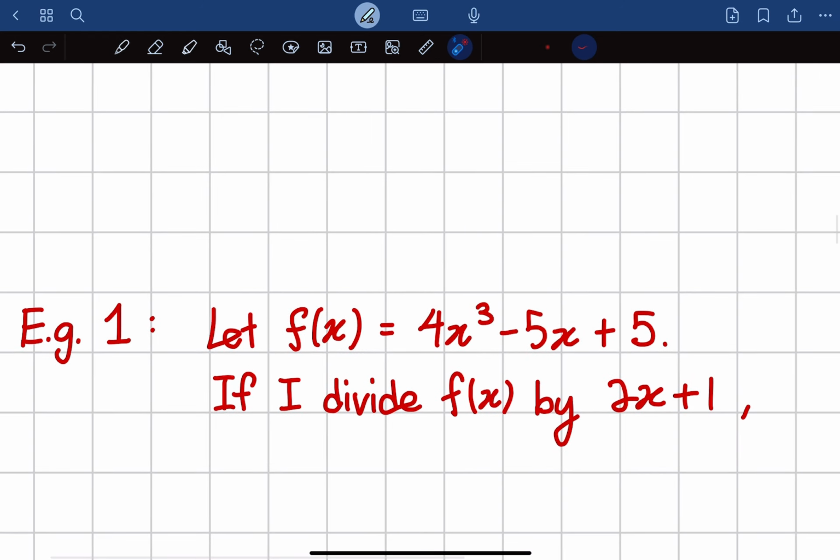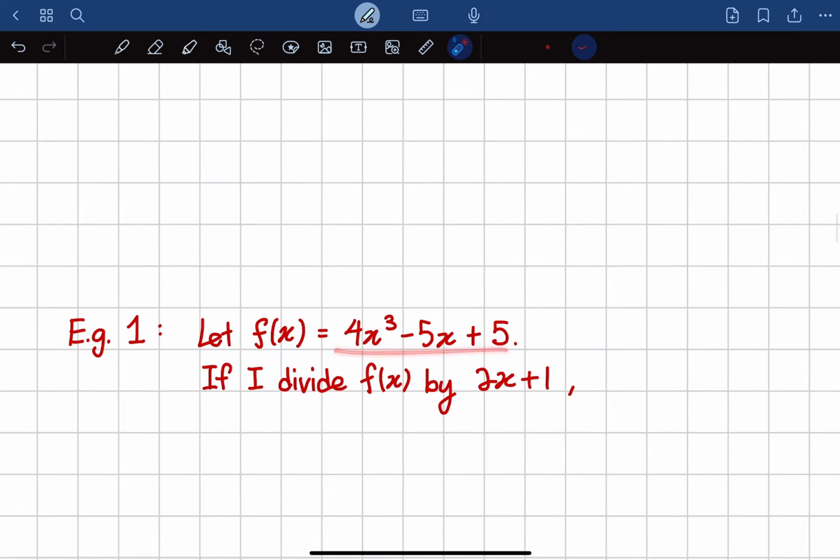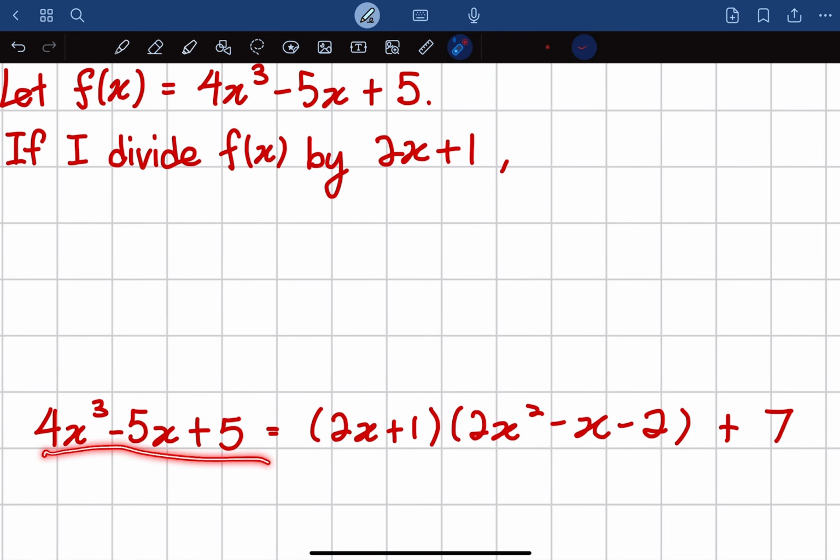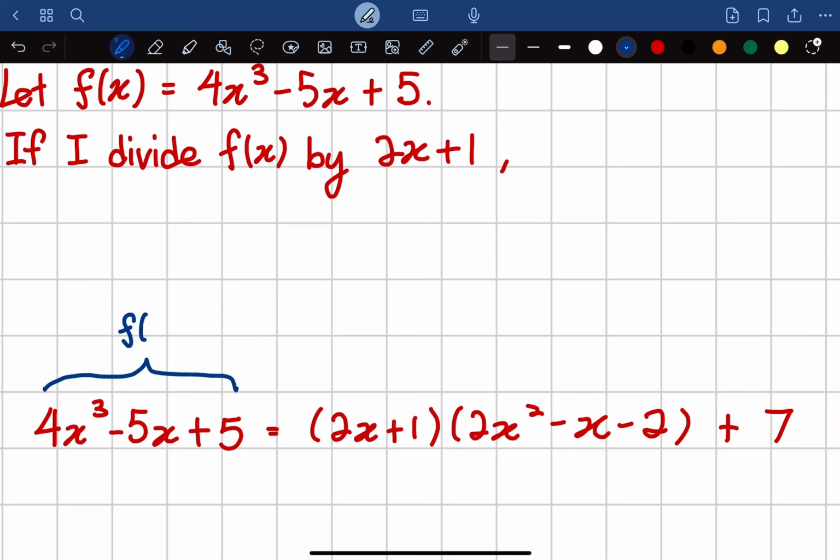If I have this polynomial 4x cubed minus 5x plus 5, and I divide this polynomial f(x) by 2x plus 1, I will notice that I can write f(x) in this form. If I divide by 2x plus 1, this is my divisor.